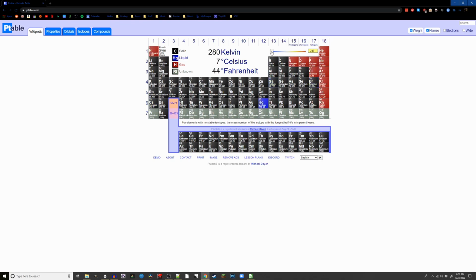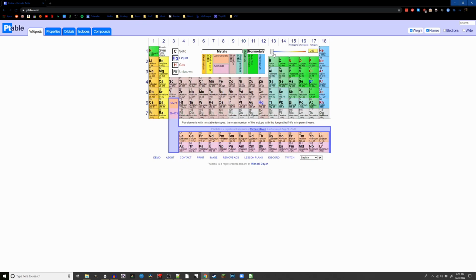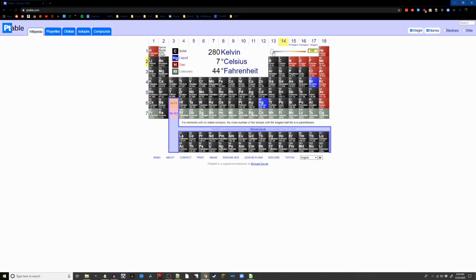And as we raise the temperature, there we go, we were at 280, which is pretty close to room temperature. You can see most everything is a solid. There's a few gases up there, the reds, and a couple of liquids, just a few. As we keep raising the temperature, and we're getting pretty hot now, you can see a lot more turn to liquids and then to gases from solids.